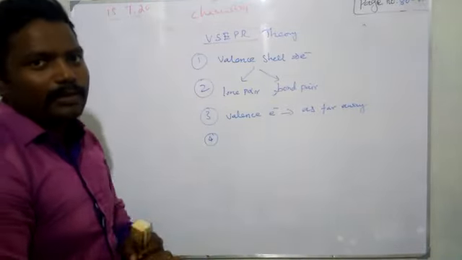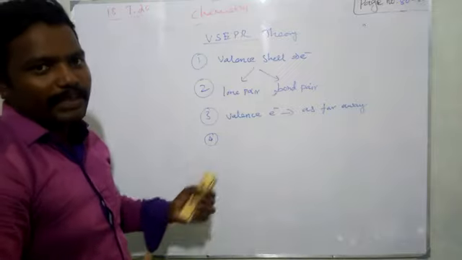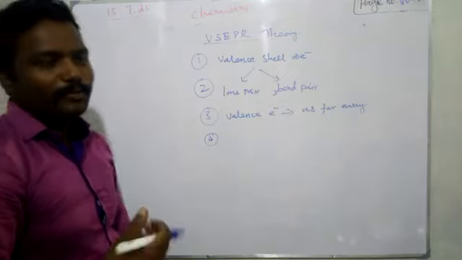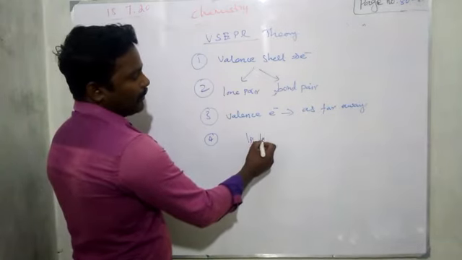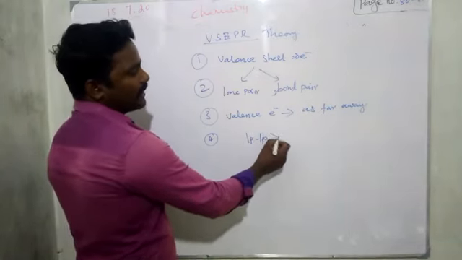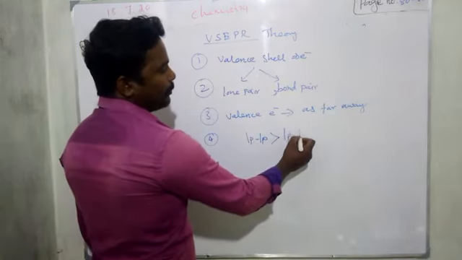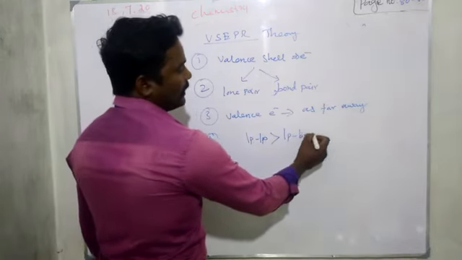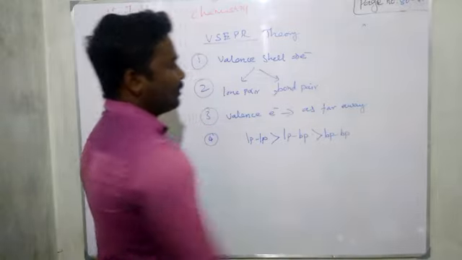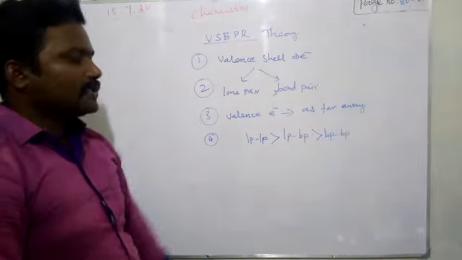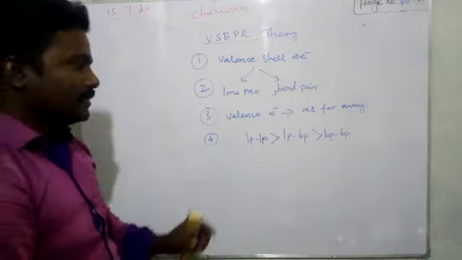Suppose they come closer; which type of electron pair has more repulsion? We have a sequence: lone pair-lone pair repulsion is highest, then lone pair-bond pair, then bond pair-bond pair.